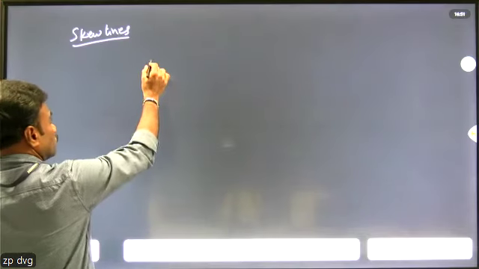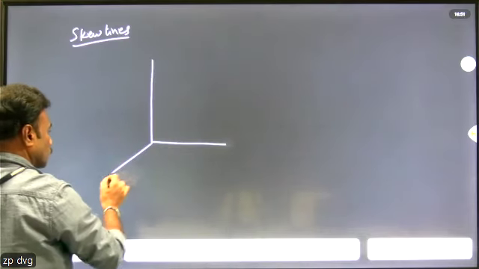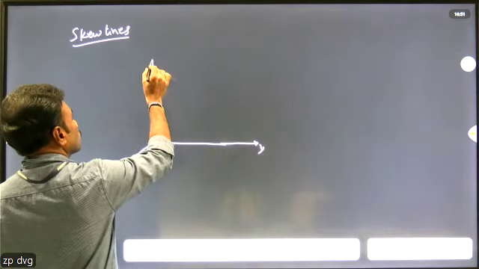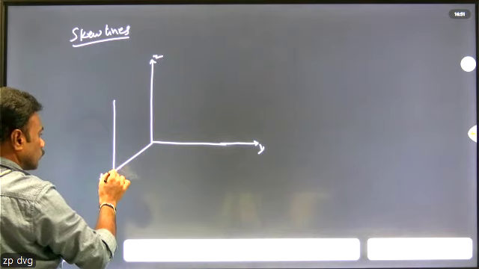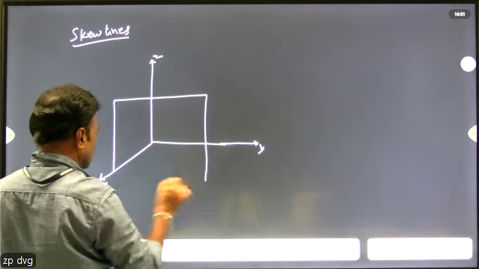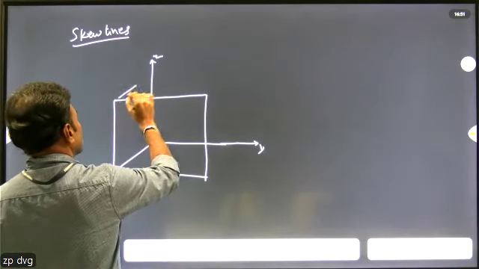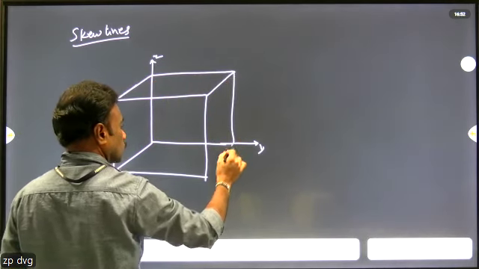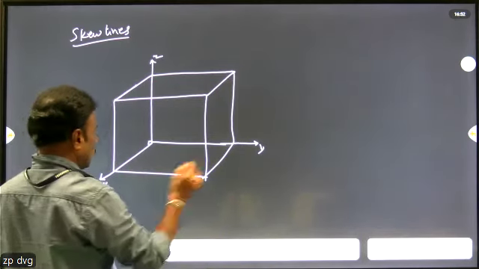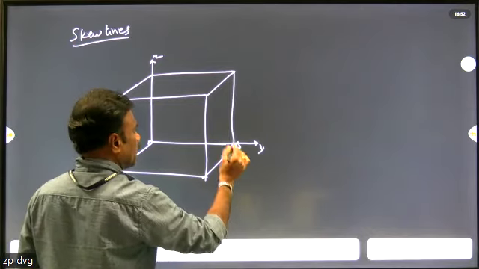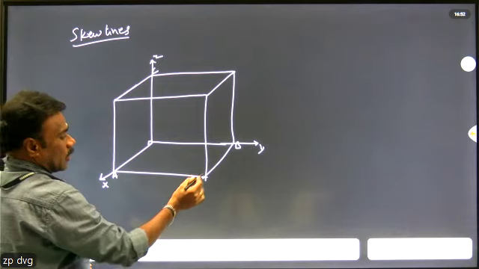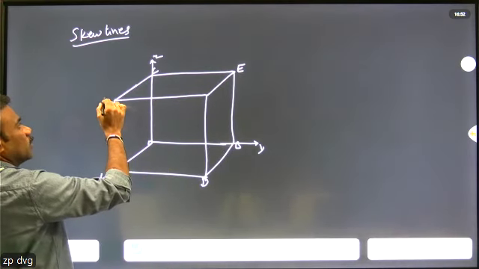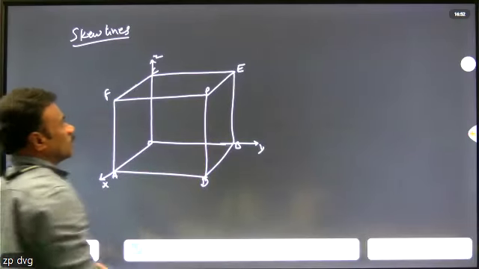So, if you take, suppose, it is O, on x-axis A, on y-axis it is B, on z-axis C, on xy plane it is D, on yz plane it is E, on xz plane it is F, and in the space it is P. I am taking.